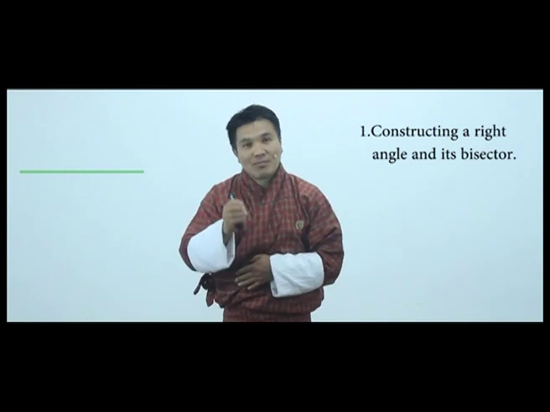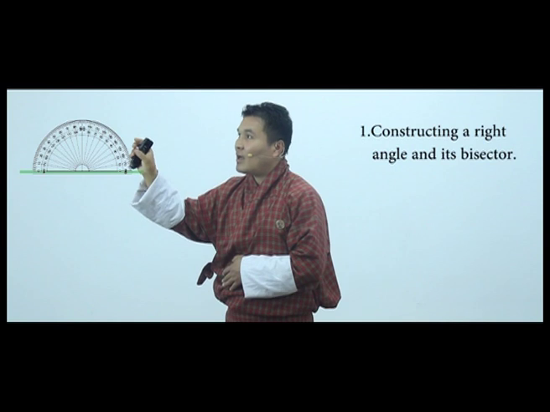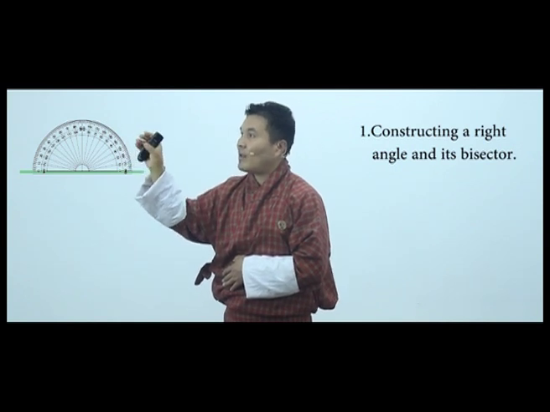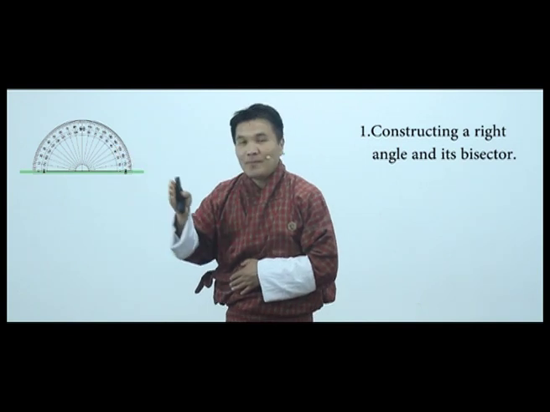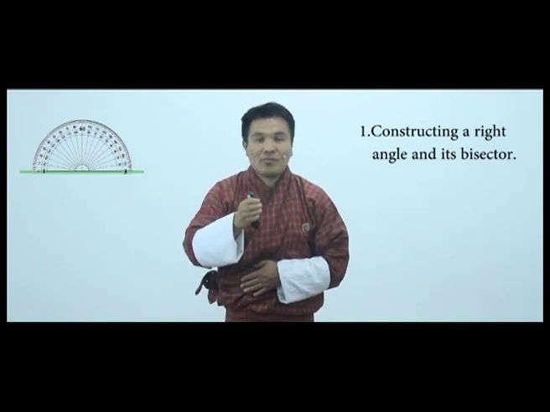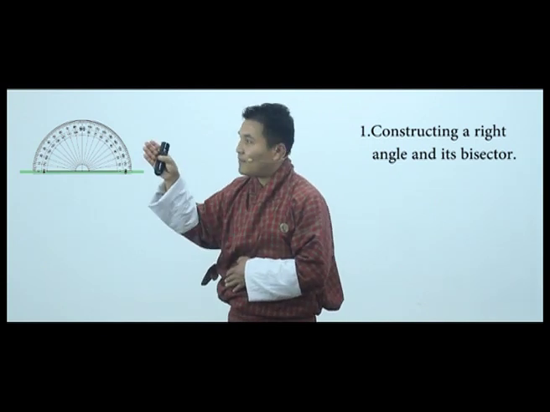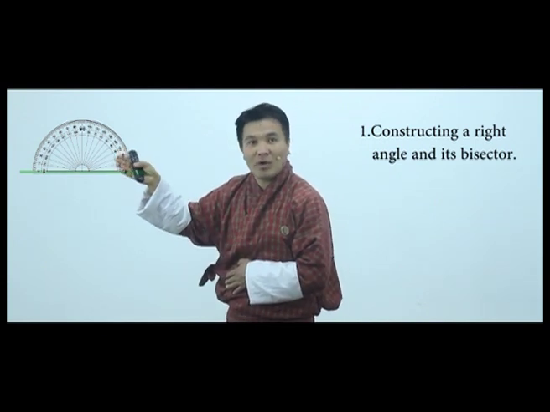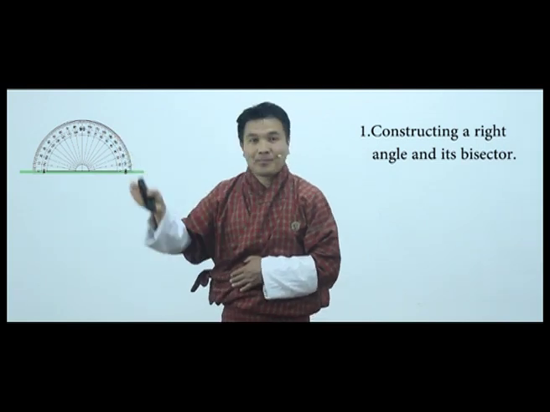Next, take a protractor and keep it on the ray or the line you have drawn on the book. Make sure that the 0 line of your protractor falls on the lower arm, or the lower ray, of the angle you have drawn, as you can see on the screen.